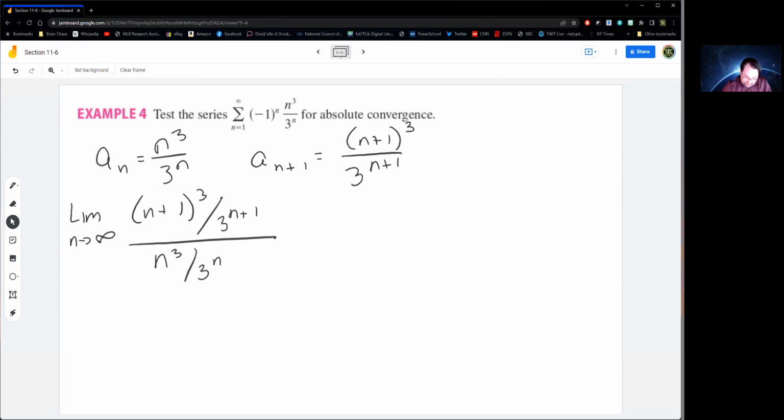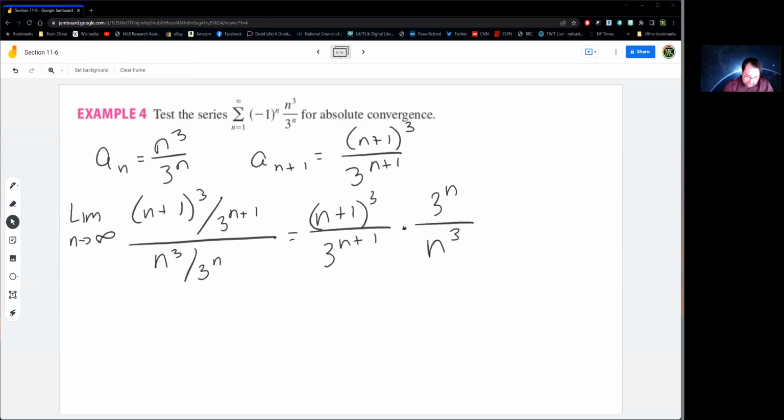Are we good to that point? All right. So it's just a fraction. So we got n plus 1 to the third over 3n plus 1 times 3n over n to the third. So now we've got to simplify this down, do some algebra to cancel some stuff out.